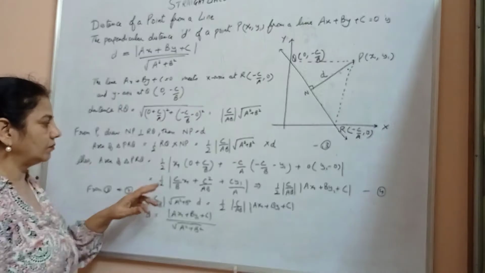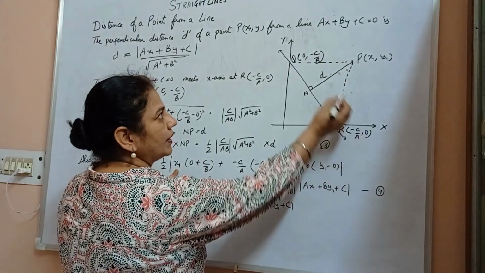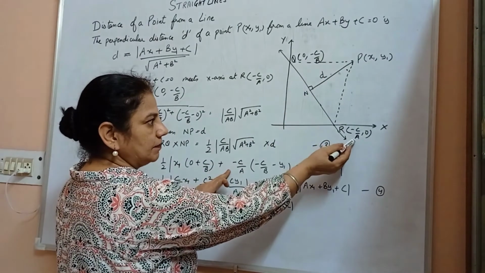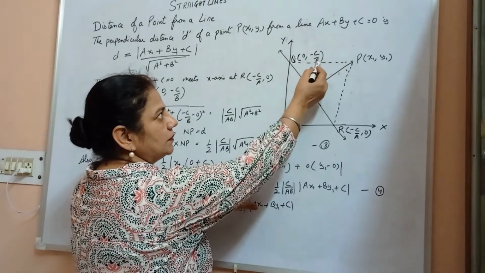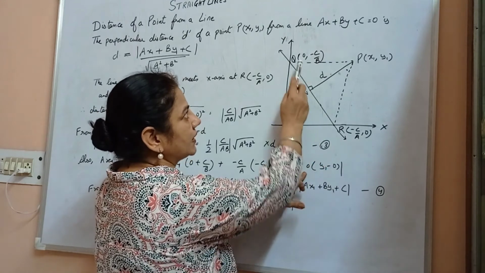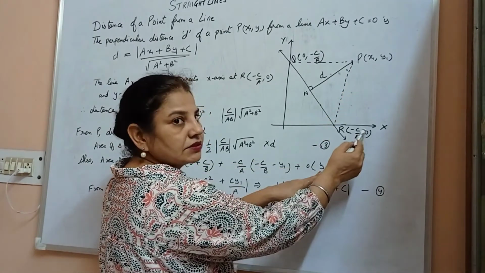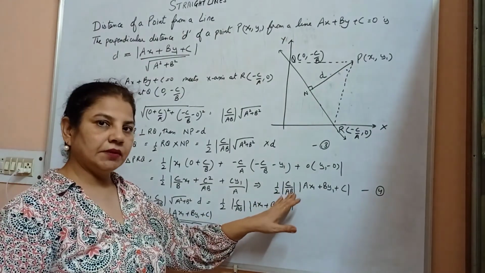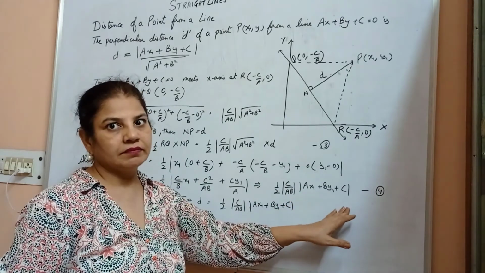So we apply the formula: half x1, this is the x1, y2 minus y1 is 0, plus c by b, x2 minus c by a, y2 minus y3 minus c by b minus y1, then x3 is 0, then y3 minus y1, so y1 minus 0. On substituting and solving, we get half c by b mod ax1 plus by1 plus c.